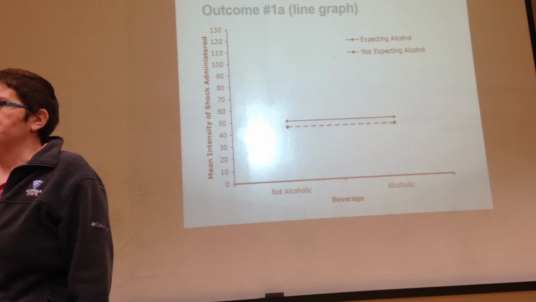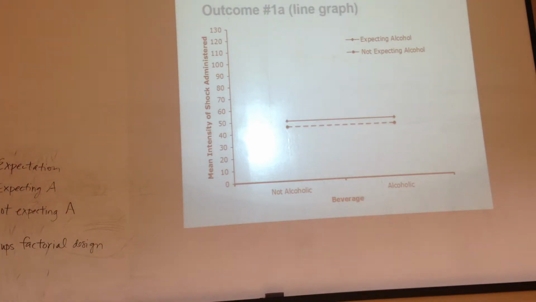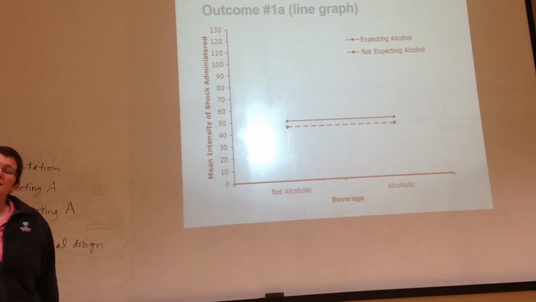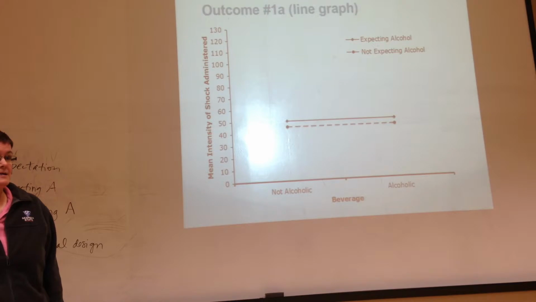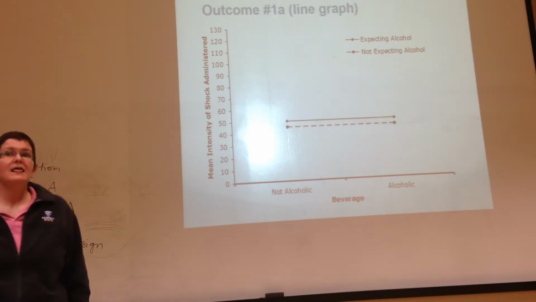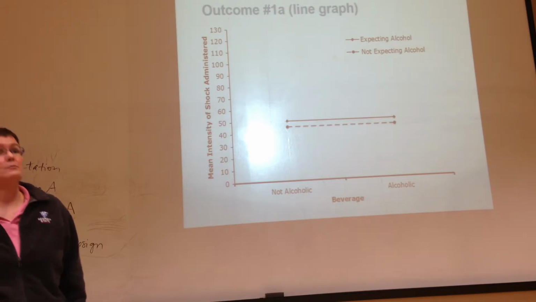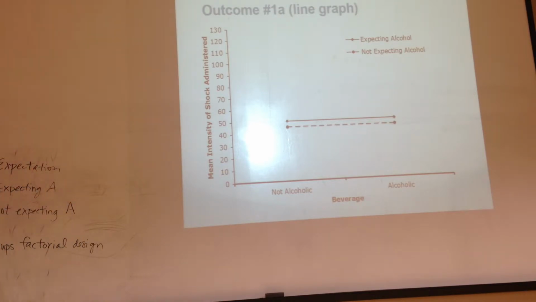So we're looking to see: does whether or not you got alcohol affect how much you shock? That would be the main effect of beverage. Does whether or not you're expecting to get alcohol affect how much you shock? That would be a main effect of expectation. Or is there a special combination of those 2 things that leads you to shock more or less? That would be the interaction of beverage and expectation.